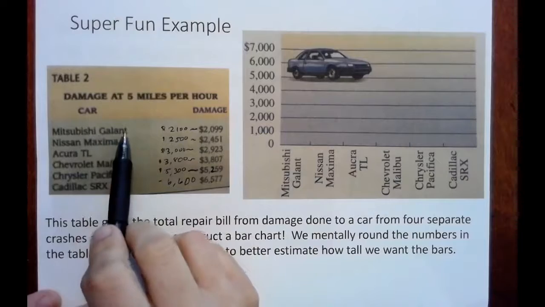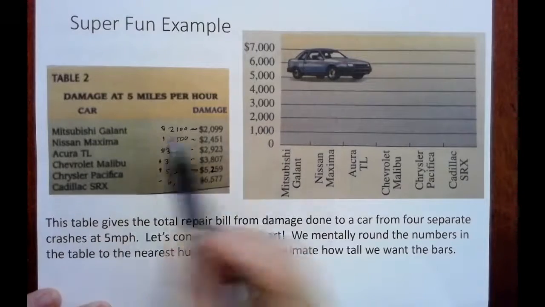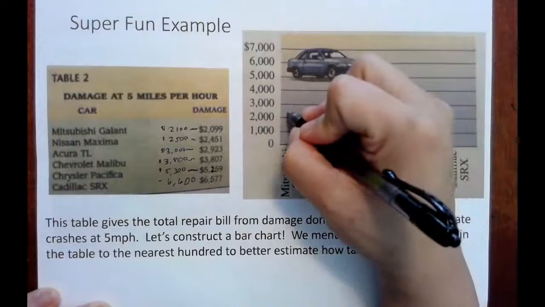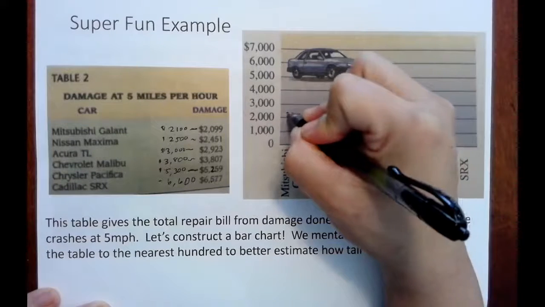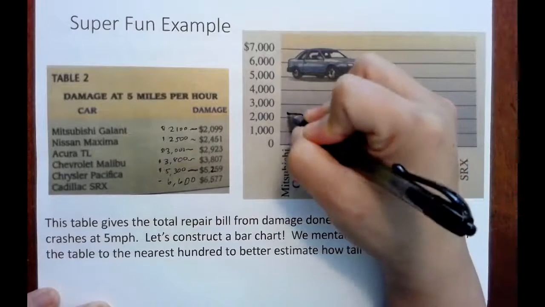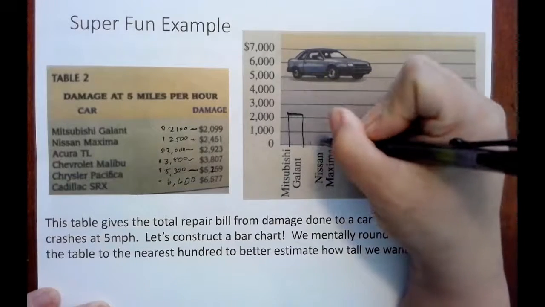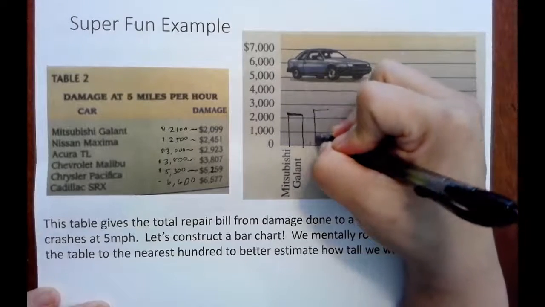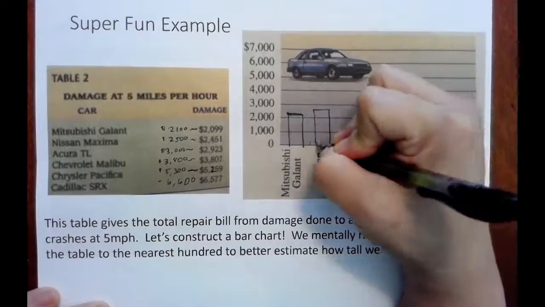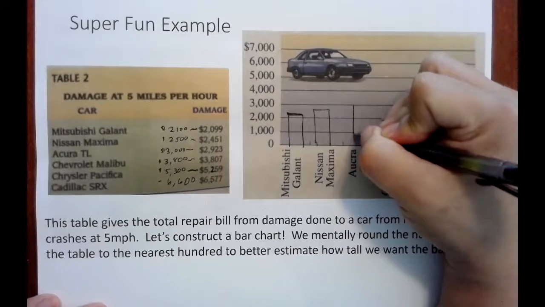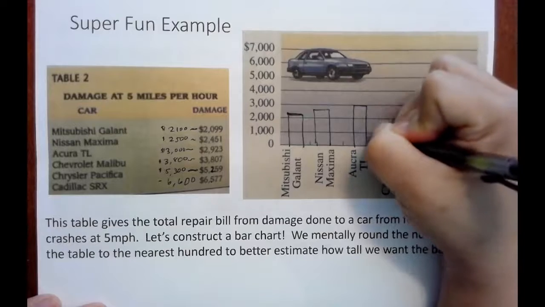So the Mitsubishi Galant is at 2100, so that would be about here, really close to 2,000. Okay, and then the Maxima would be 2500, so that's right in the middle between 2000 and 3000. The Acura here we have 3000, so it would be over here.